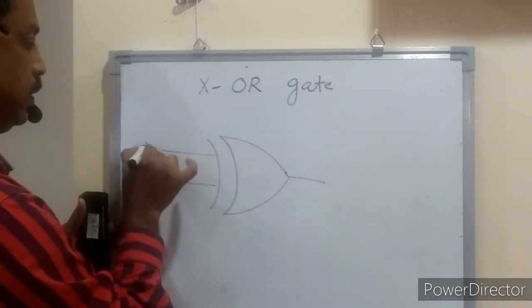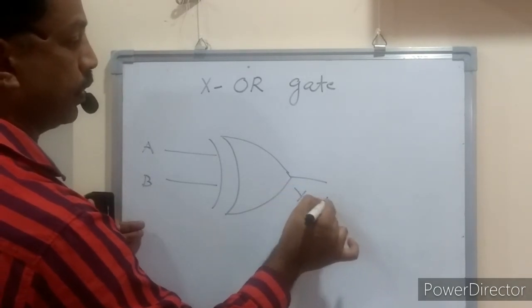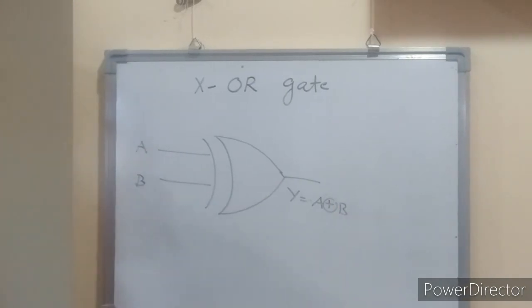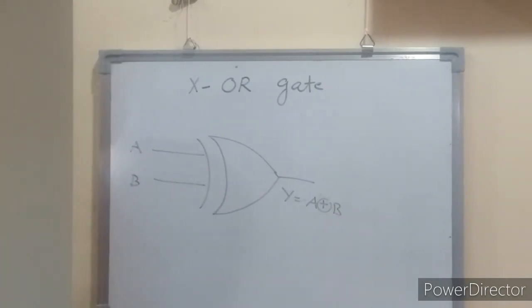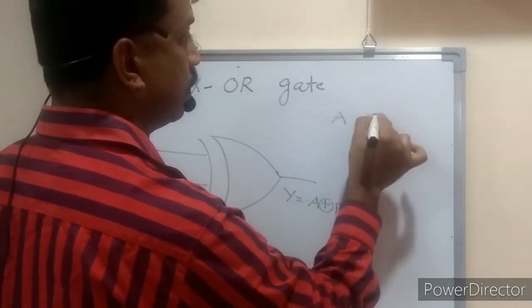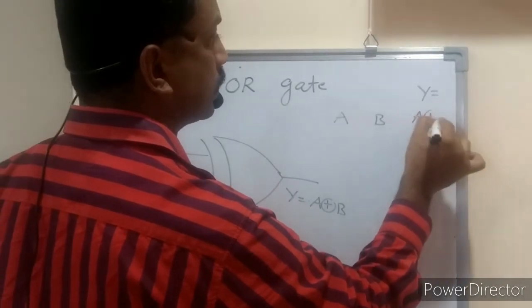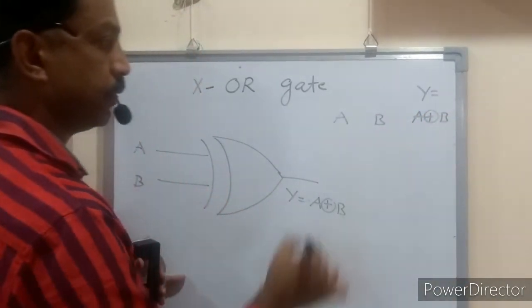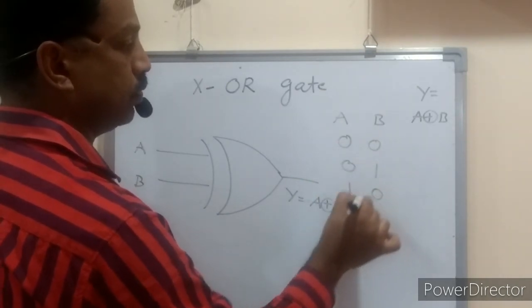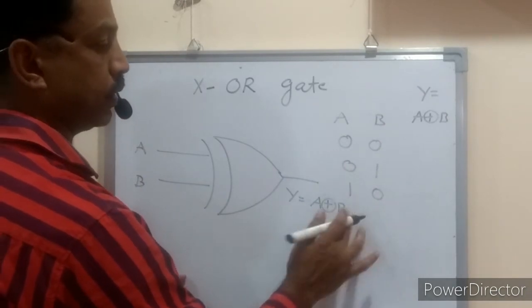Here we say that A, here we say that B, and here Y equal to A XOR B. So this is the logical symbol of XOR gate. Now we draw the truth table. So here A, B, and Y equal to A XOR B. Here 0 0, 0 1, 1 0, and 1 1.